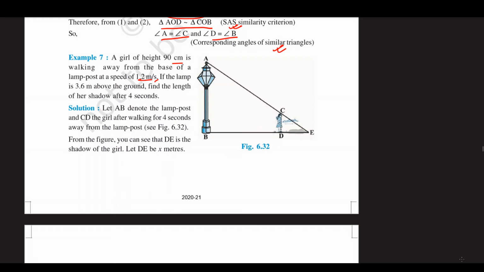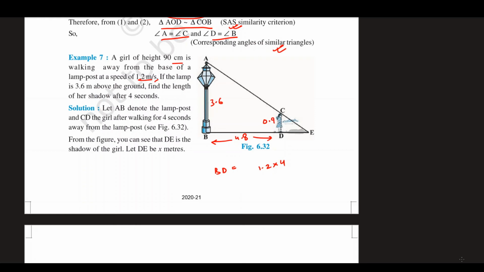We are given that it is 3.6 and this length BD is equal to 1.2 into 4, that is 4.8, this is BD, and this CD is what? 90 centimeters, so it is 0.9 meter.